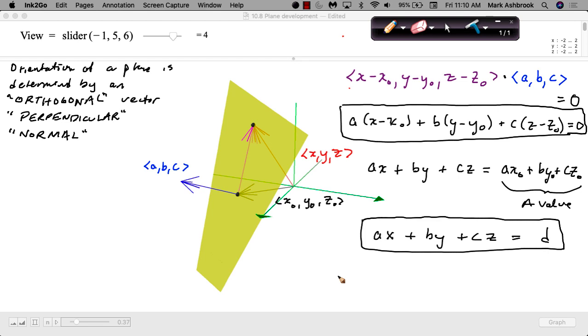Now, by looking at that immediately, do you know a point on the plane? 2x minus 3y plus z equals 5. There's an example of a plane. It's not this yellow one. So, what do you know right away?